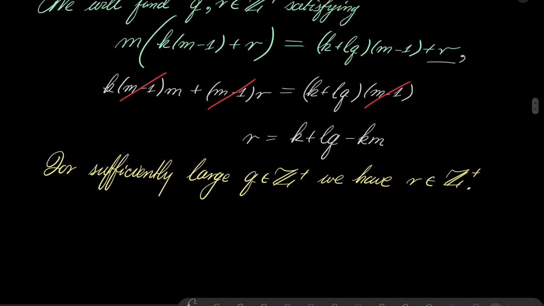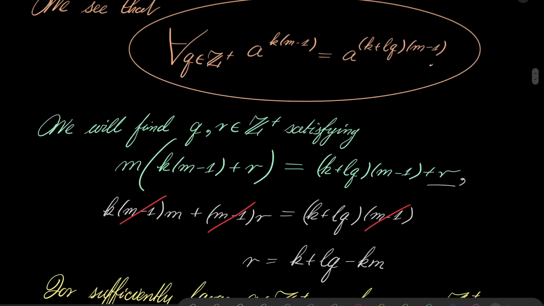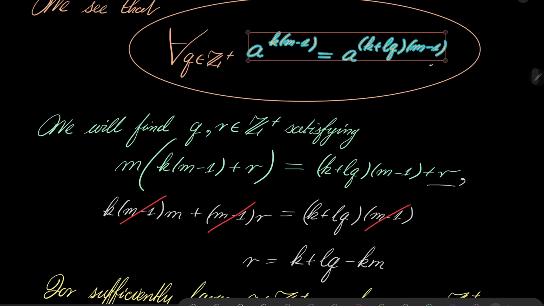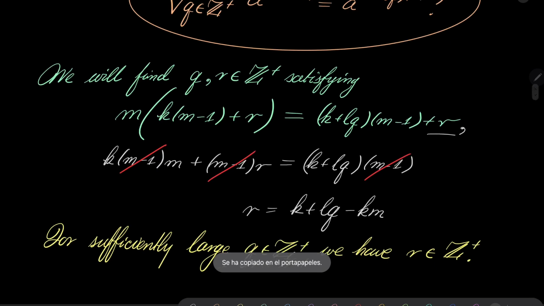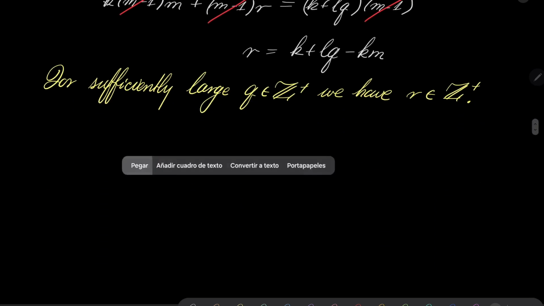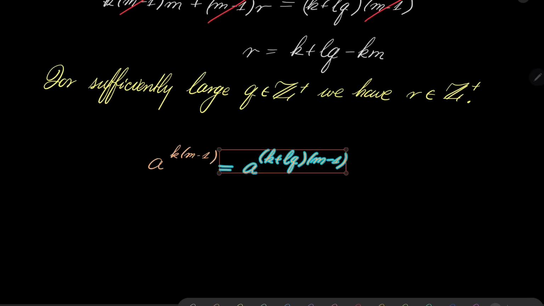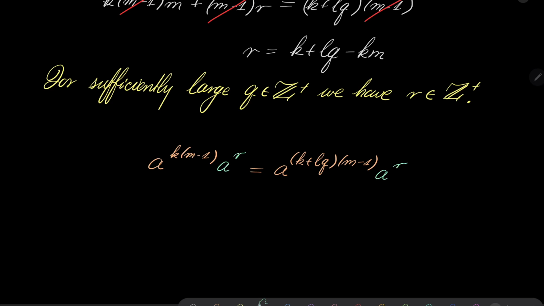I will take this equation right here, and I will multiply this equation on both sides by a to the power of r, where r satisfies the condition given previously.